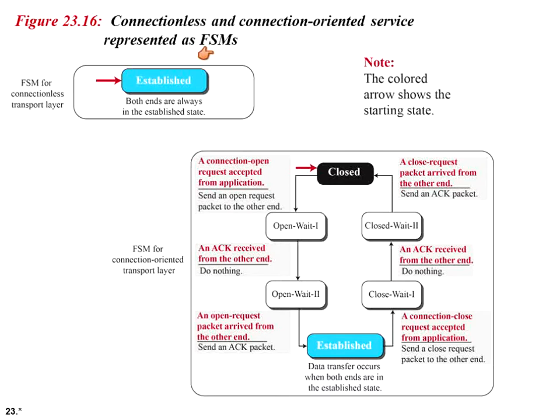Now using this tool, what happens? Each transport layer, sender or receiver, is thought of as a machine with a finite number of states. So the machine is always in one of the states until an event occurs. Now each event is associated with two reactions.